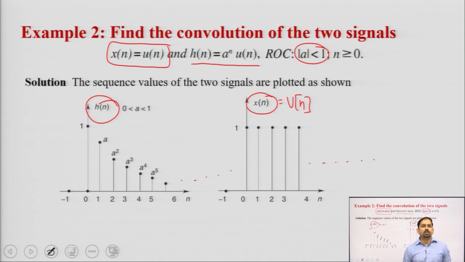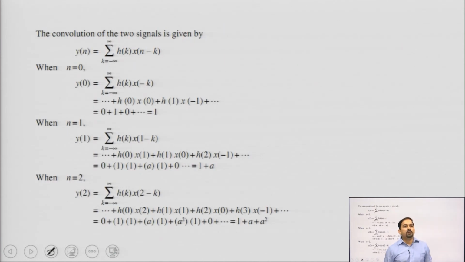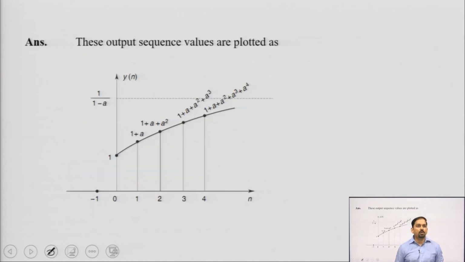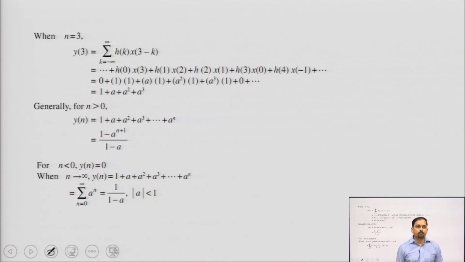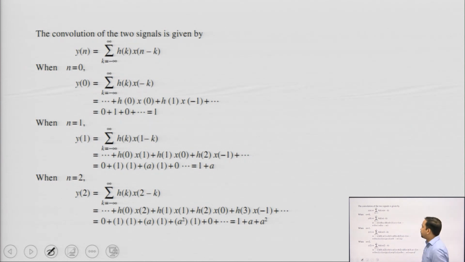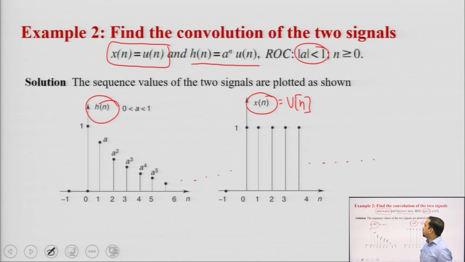The answer is to solve it graphically, and definitely we will achieve the result. First of all, if we put n equal to 0, we have h[k] and x[-k]. This is h[k], and x[-k] means the opposite, the mirror image.